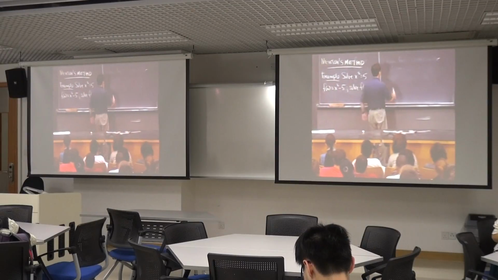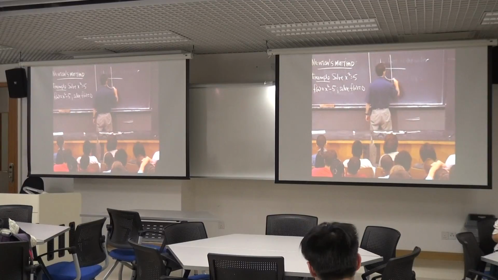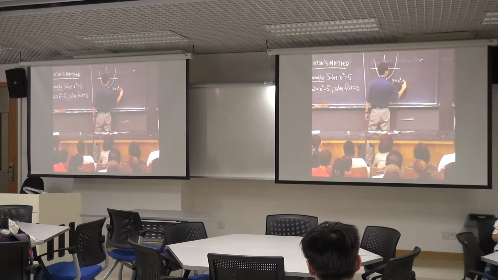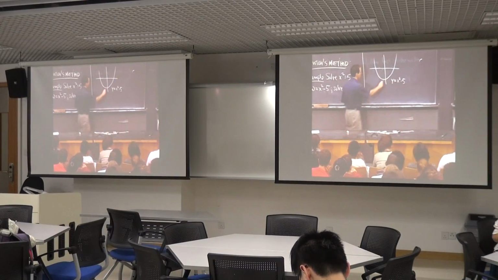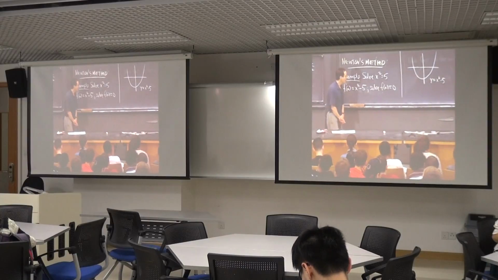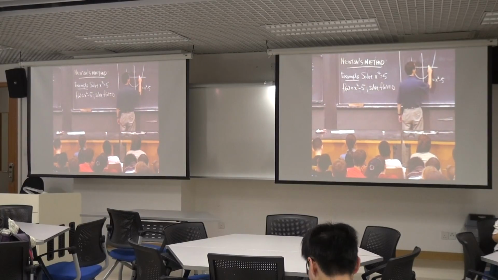So the idea, I'll plot this function. Here's the function. It's a parabola. y is equal to x squared minus 5. It dips below 0. Sorry, it should be centered. Okay? And now the idea here is to start with a guess.